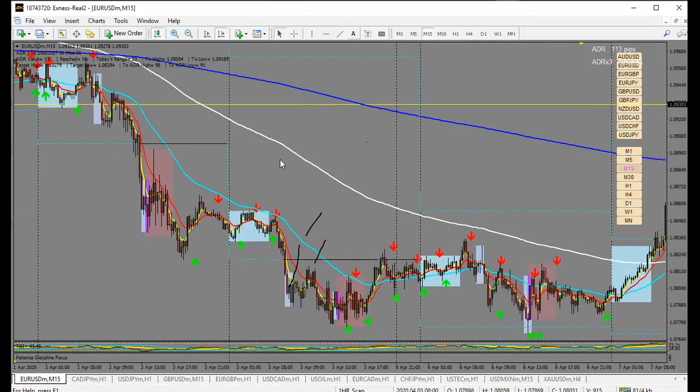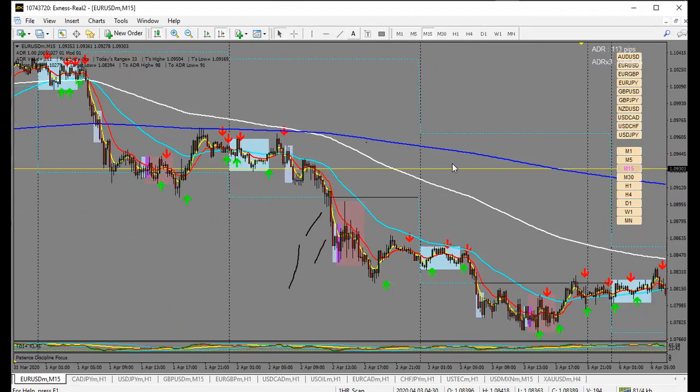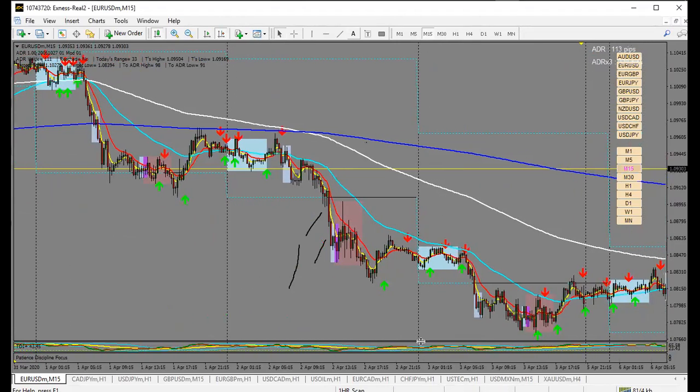Now, if we check again, we have type 3 right here. Here's our Asian box, and this is our high of the Asian. And you can see that the dealer stop hunted right there, and he gave us a second leg right there, and he went down.